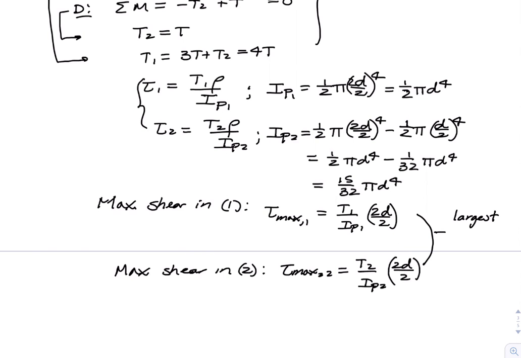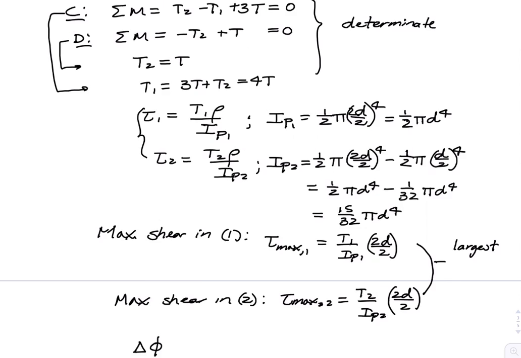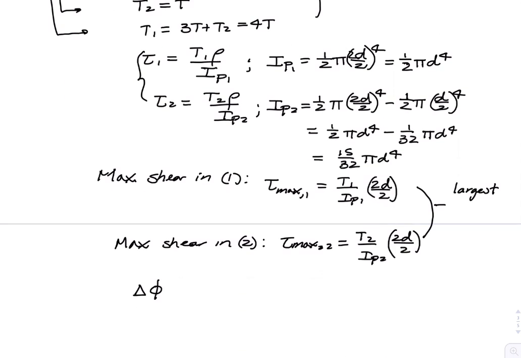For the second part, we're asked to find the twist angles. So we can say that the twist angle for connector C is going to be the rotation there of the wall.